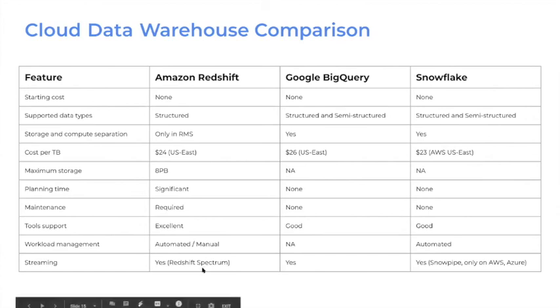With respect to streaming, Redshift and BigQuery have a slight upper hand, because Snowflake has the Snowpipe option, which is currently available only on AWS and Azure, but not available on GCP.